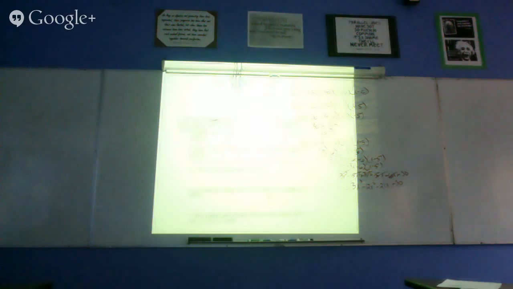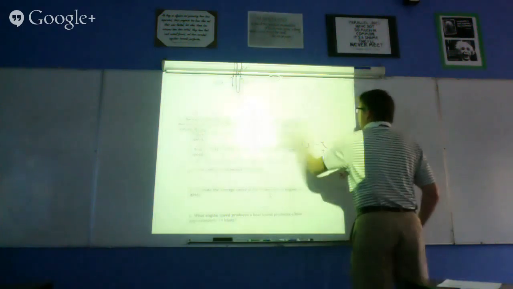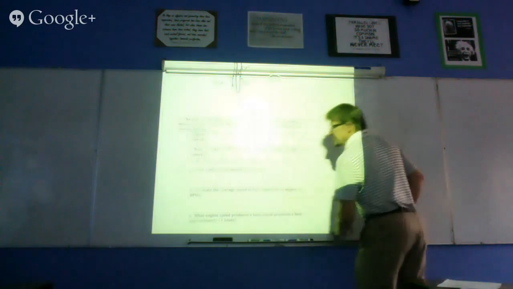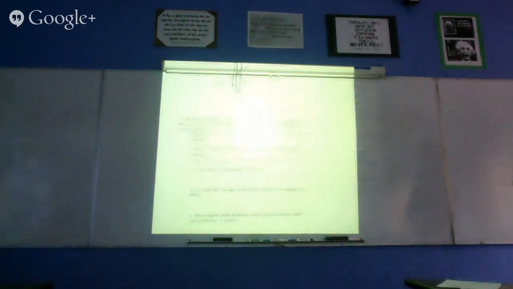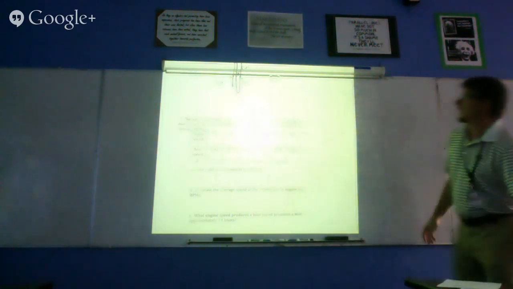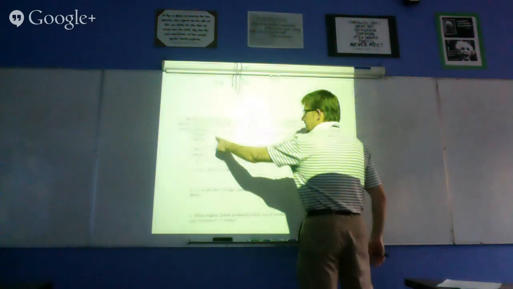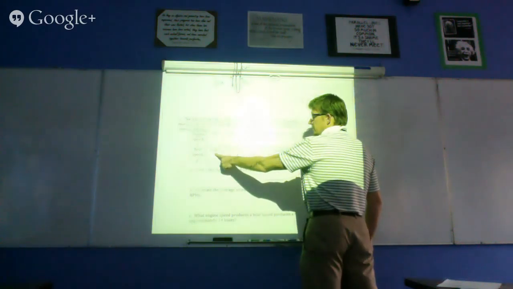This one is actually straight from your book. It says, data below gives a speed y in knots of the Trident motor yacht, which is a very beautiful yacht, for engine speeds x in revolutions per minute.